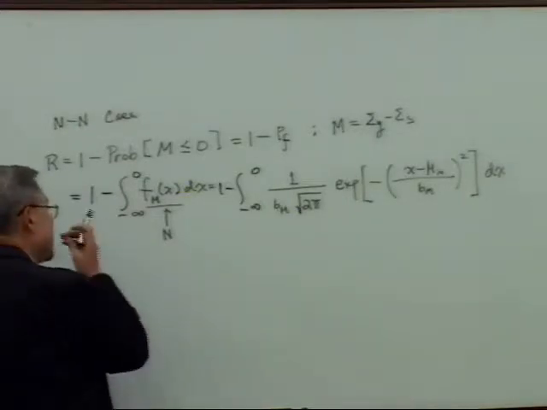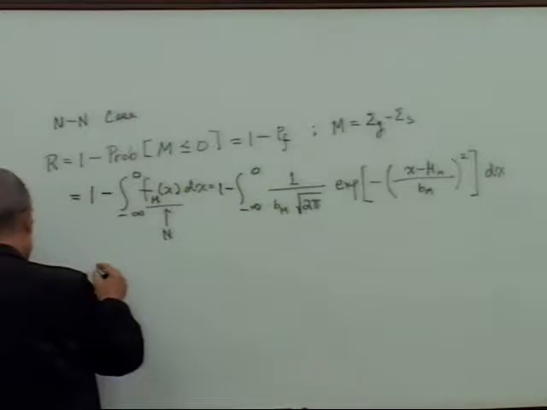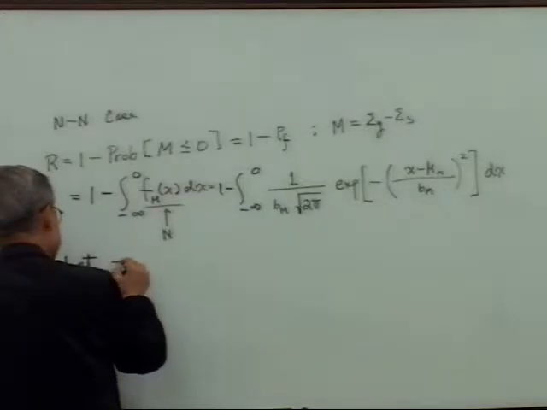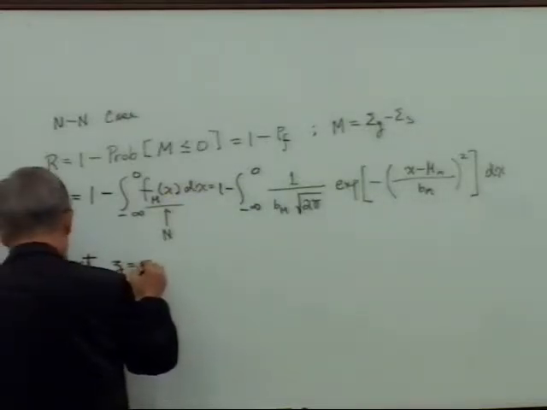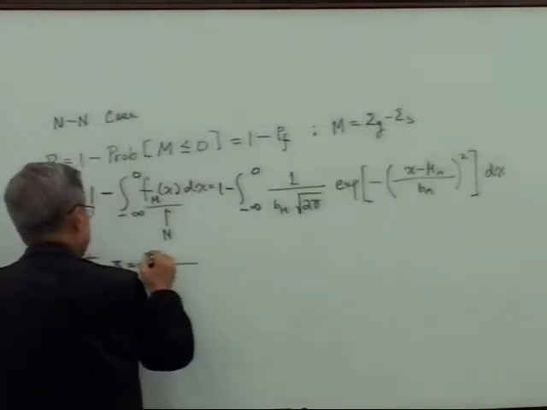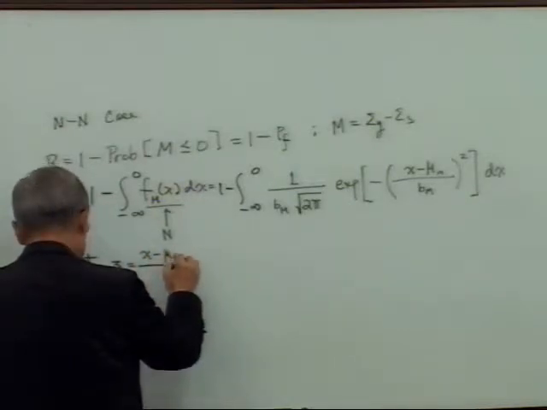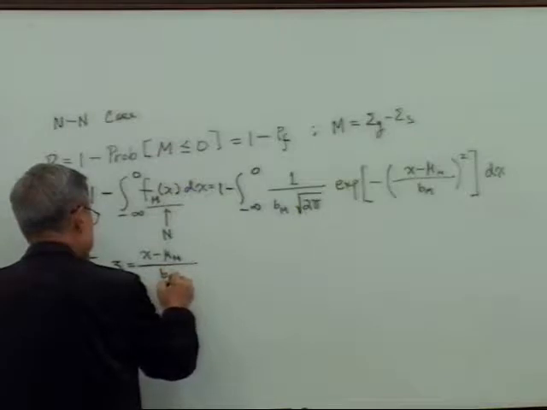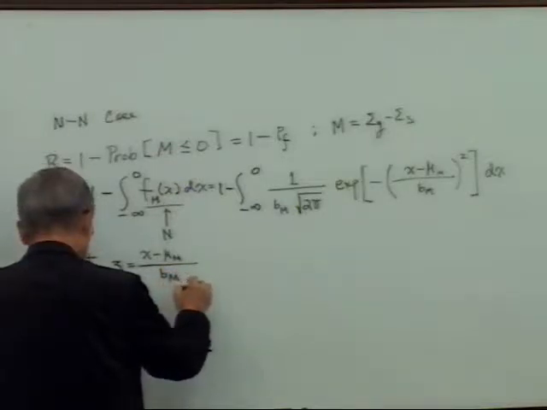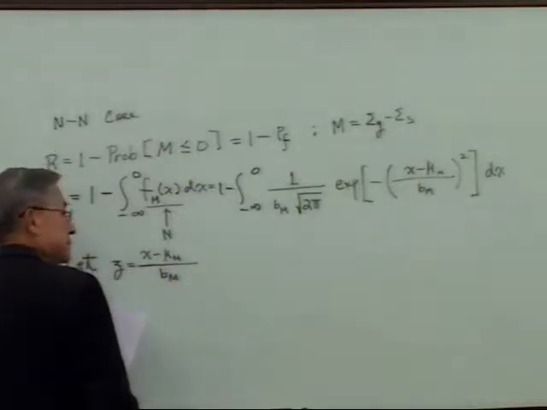One last time I'm going to show you the expression: the change of variable. Let's say z is equal to x minus mu_M over sigma_M.